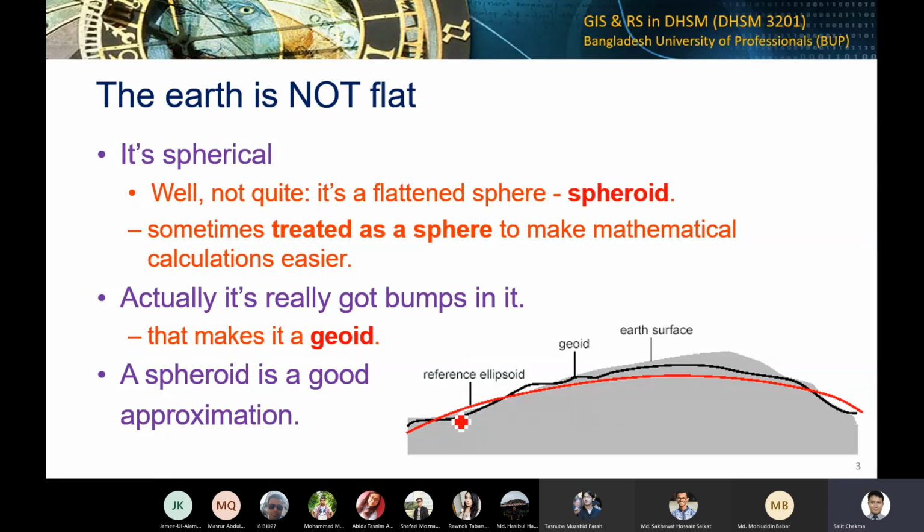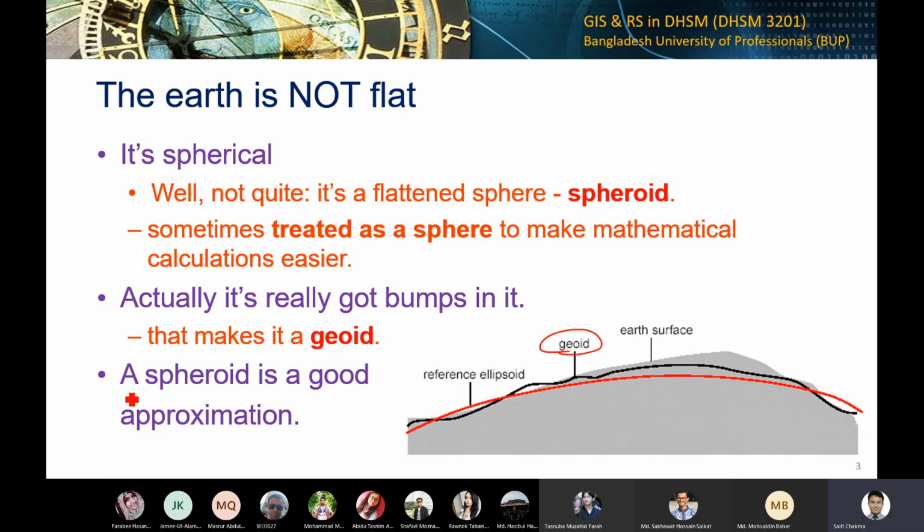Anyway, in this example you'll see the Earth's surface, and the geoid is based on the value of gravity. Based on the gravitational force, we imagine one surface which could represent the Earth's surface as closely as possible without too much difference. So that's the geoid, and this is the reference ellipsoid or datum that we have.